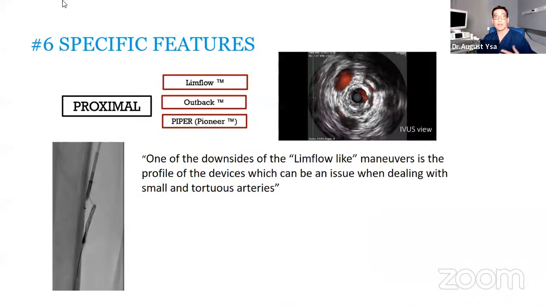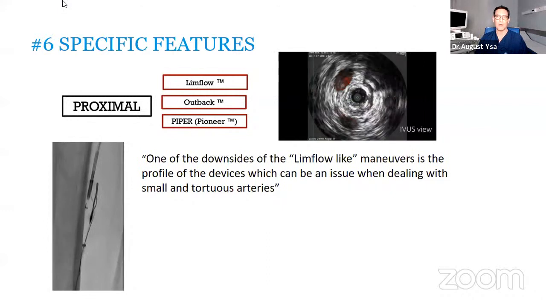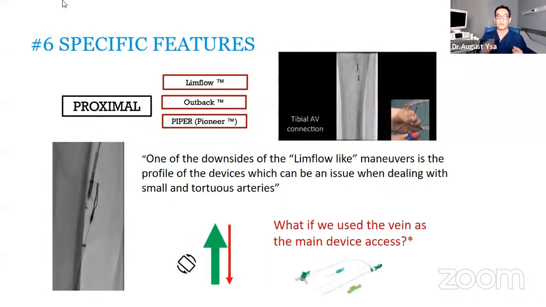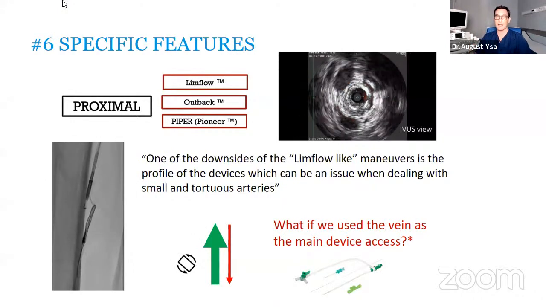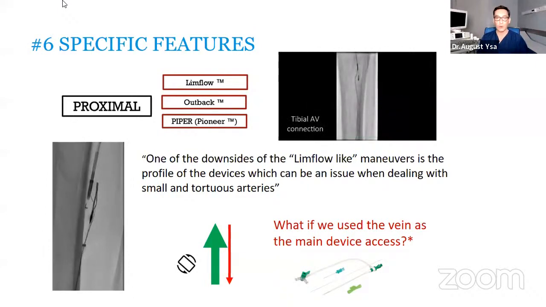Another issue with these devices is that they are pretty bulky, 6-7 French, and this can be an issue when you're dealing with small and tortuous vessels. And I always wonder why not turn the whole thing upside down and get access through the venous side. You can easily access with a 6-7 French and then deploy your needle from below.